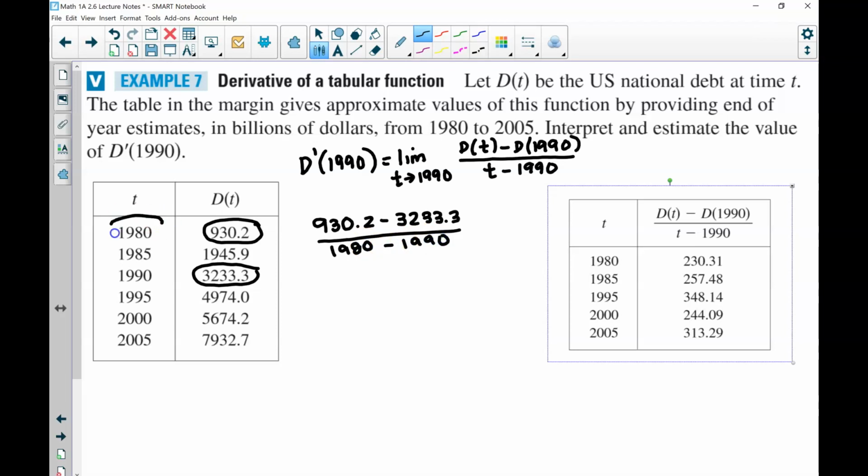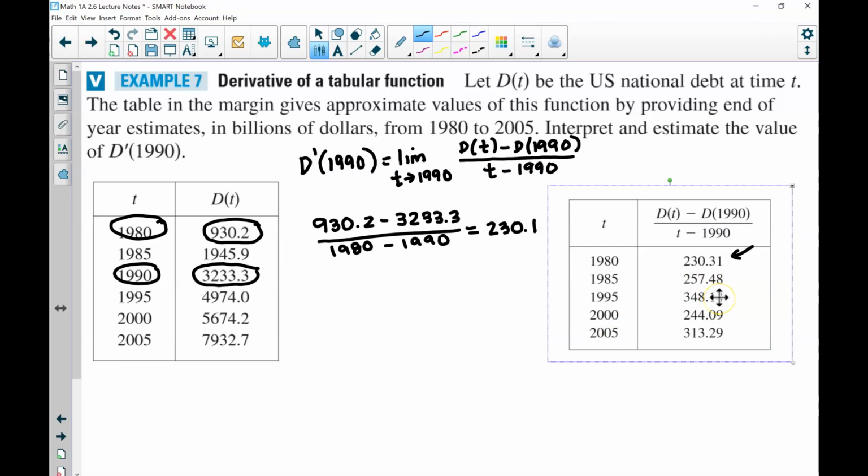So we're using those values there for t. Okay, and that's going to give us a number of 230.1, and you can see that's where that value is. Now, we can continue to do that in order to find these values at 1985, 1995, 2000, and 2005. So that's going to give us the rest of these values.